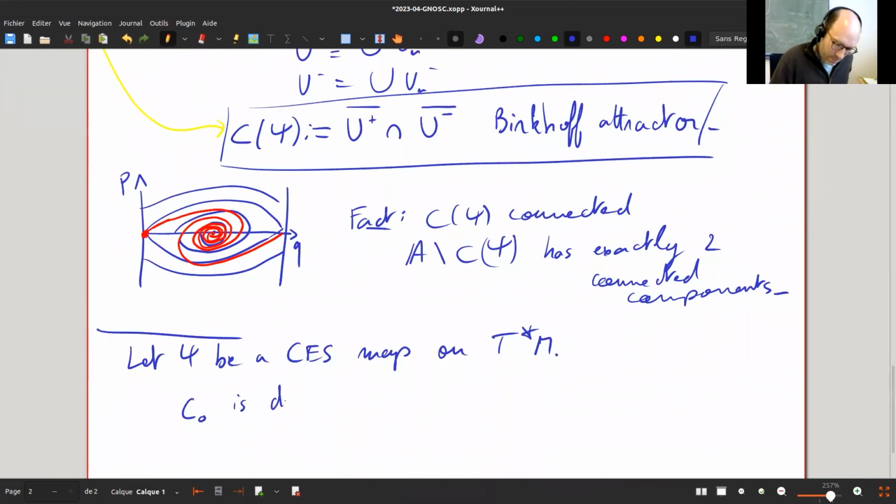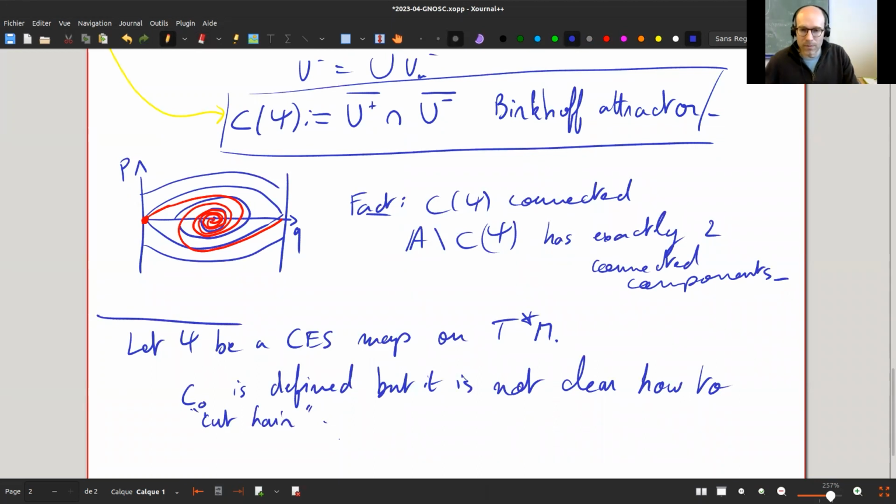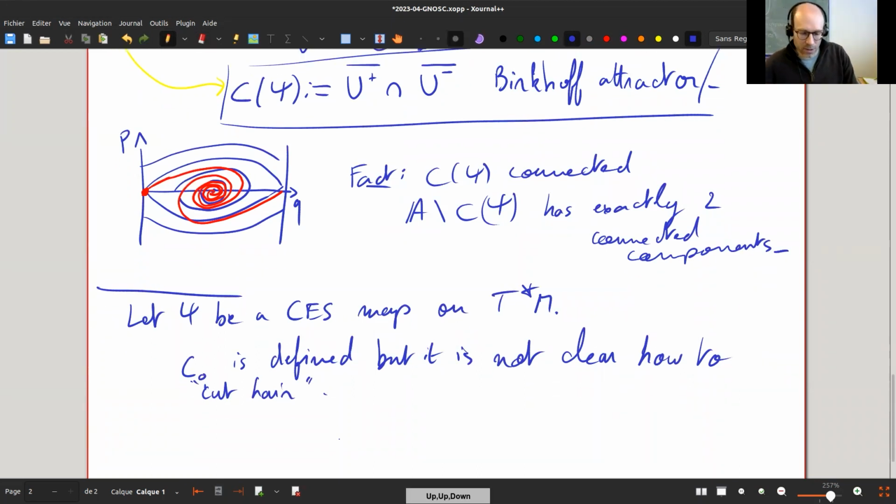So it's defined, but it is not clear how to cut hair somehow. And so that's where we will use the completion and the gamma support.